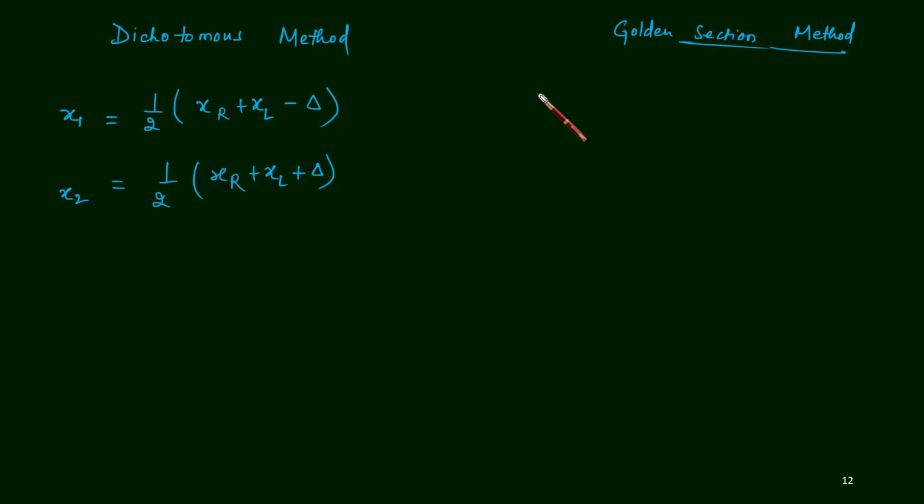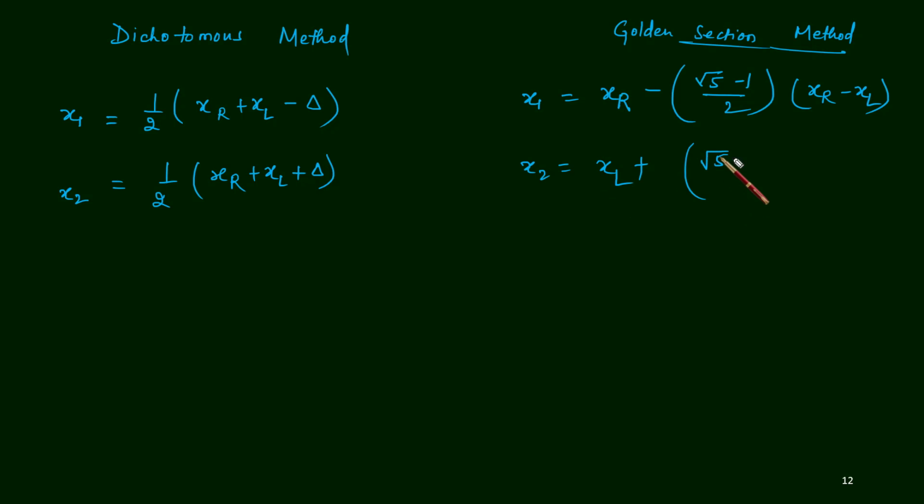In this case, x1 is equal to xr minus (root 5 minus 1) by 2 into (xr minus xl), and x2 is xl plus (root 5 minus 2) into (xr minus xl). Okay, so x1 and x2 are calculated.